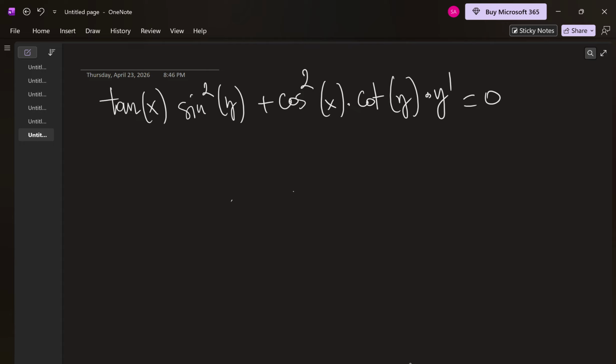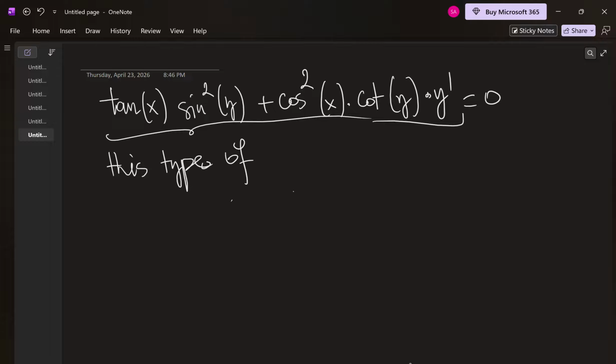Okay, so this type of equations is called a separable differential equation.